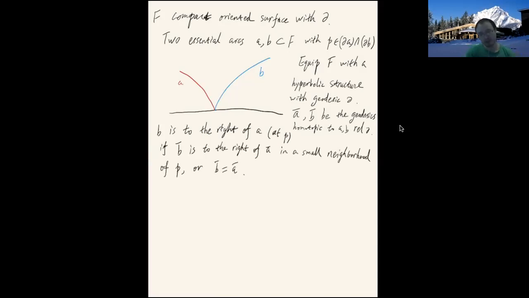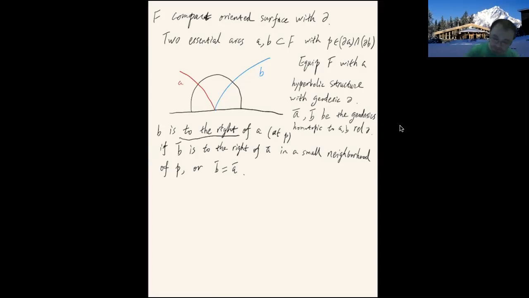If B bar and A bar are the same, namely A and B are homotopic relative to boundary, then in this special case we say B is to the right. In general, it requires that in a small neighborhood of P, B bar is to the right of A bar. So in the picture, you just take a small neighborhood, and then you can find that B is to the right. This is the definition of to the right.